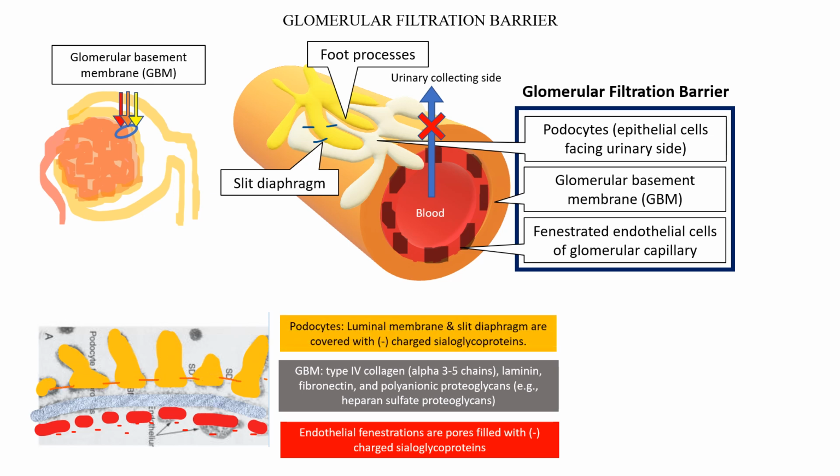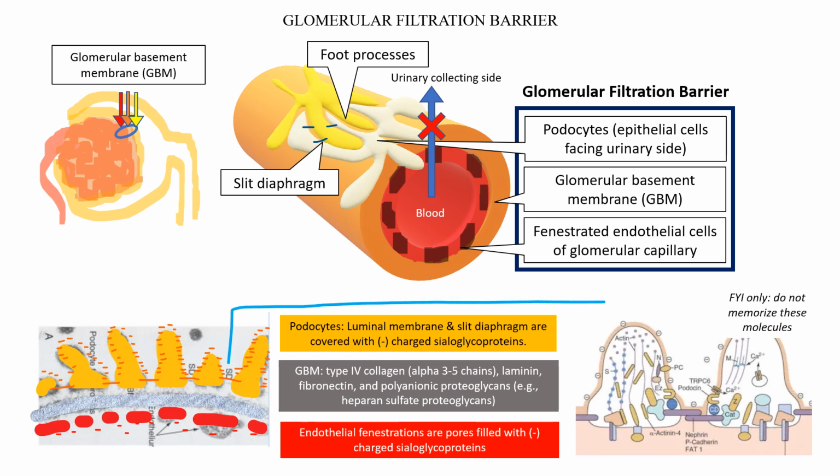On the urinary side, the luminal podocyte membrane and slit diaphragms are also covered with negatively charged sialoglycoproteins. The molecular composition of the slit diaphragm is complex. Known proteins at the slit diaphragm include nephrin, P-cadherin, FAT1, and podocin.